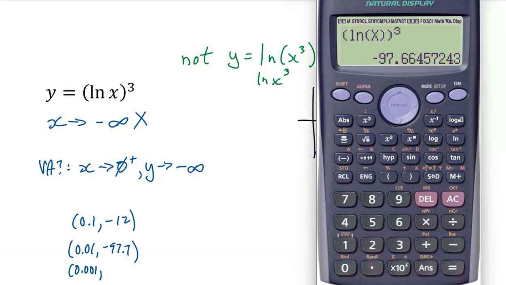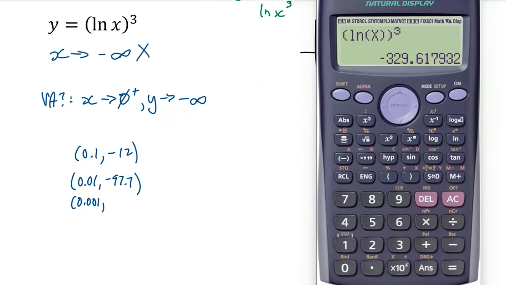But that is normal for ln. It does go to positive infinity to the right and negative infinity as it approaches 0, but it does it way more slowly than exponential functions. So it's normal to get these kind of smaller numbers.